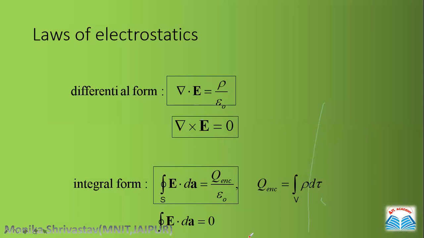Always keep in your mind, one question can come from here, that there must be four options, and one can ask which is not the law of electrostatics. So only these four are considered as the standard laws of electrostatics.